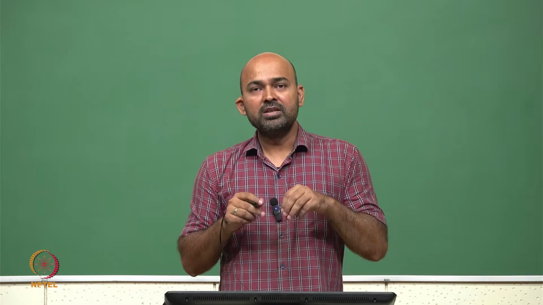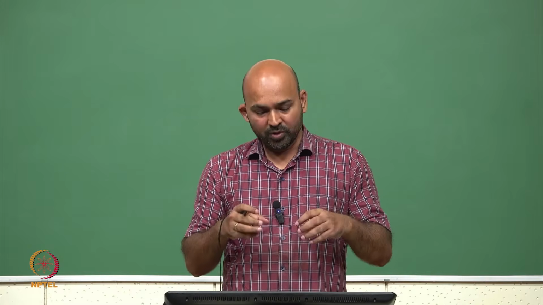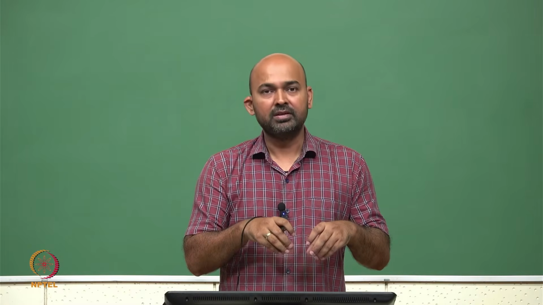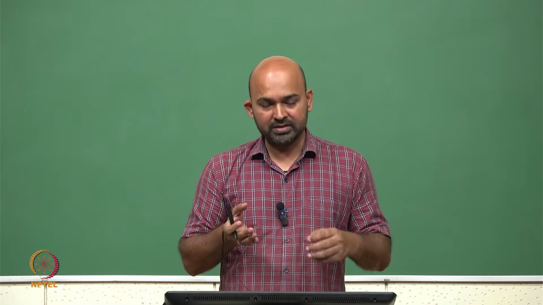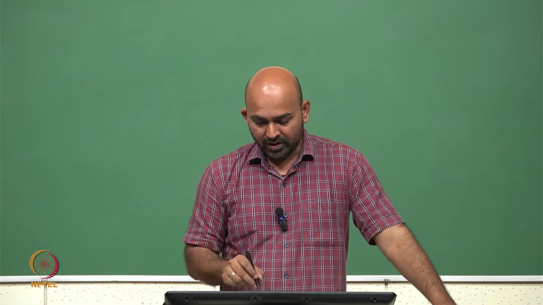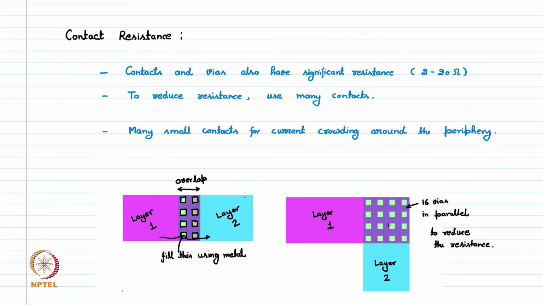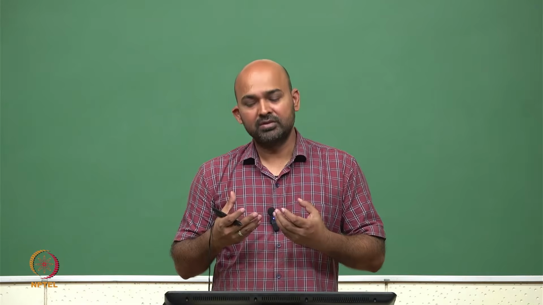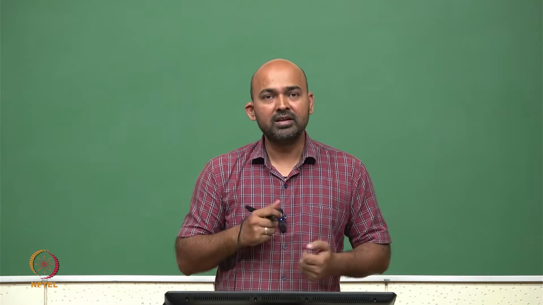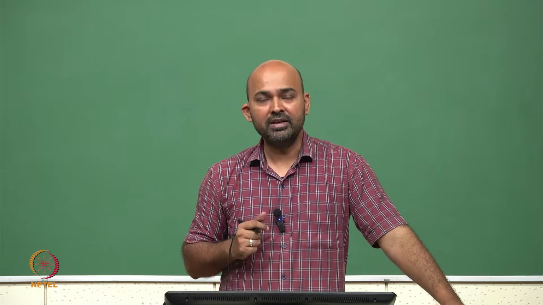These are very small in size and we need to have more and more contacts to lower the resistance. On the corners, to reduce the current crowding, we need to have multiple contacts together. So, this is how we calculate the resistance of wire and the resistance of these contacts and vias.